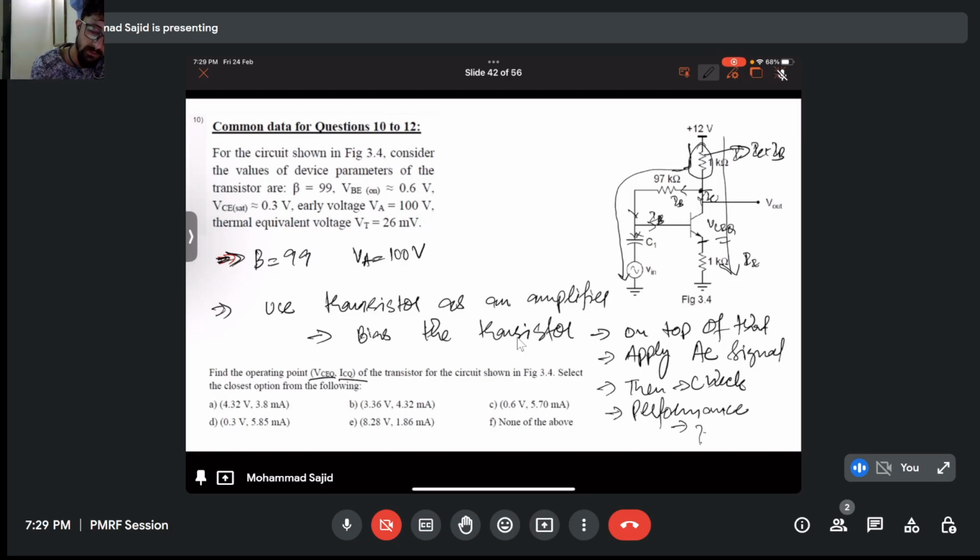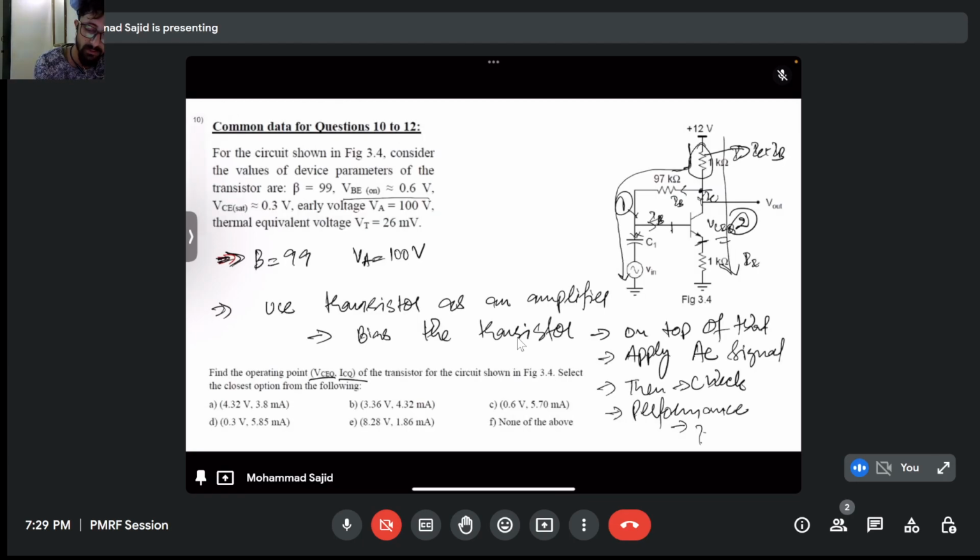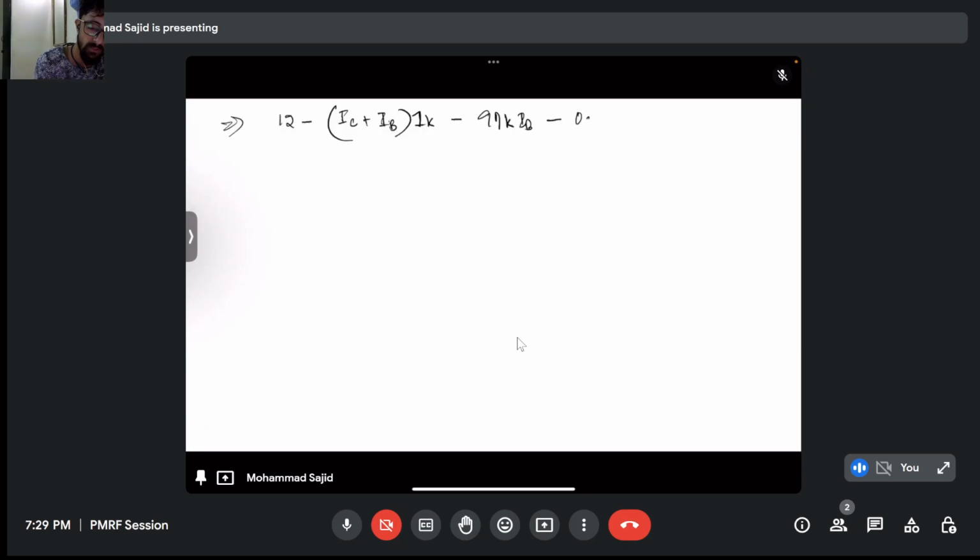Let's apply the KVL in this loop, loop one, and this is loop two. 12 minus the total current IC plus IB flowing through the 1 kilo ohm resistor, as I said, minus 97k times IB, and VBE is given to us as 0.6 volt, so minus 0.6 volt.